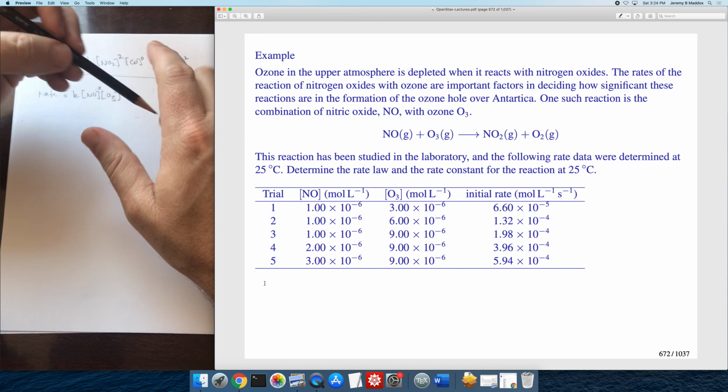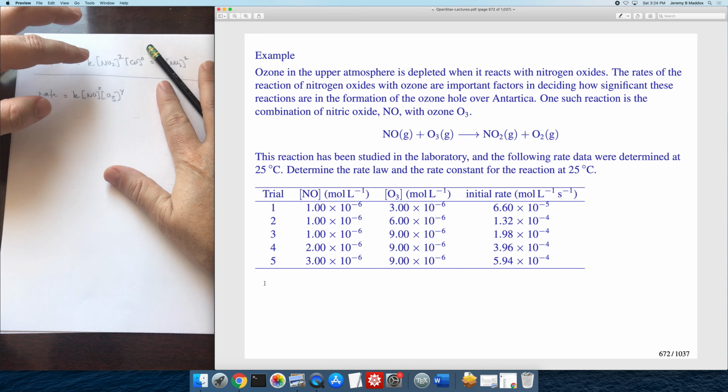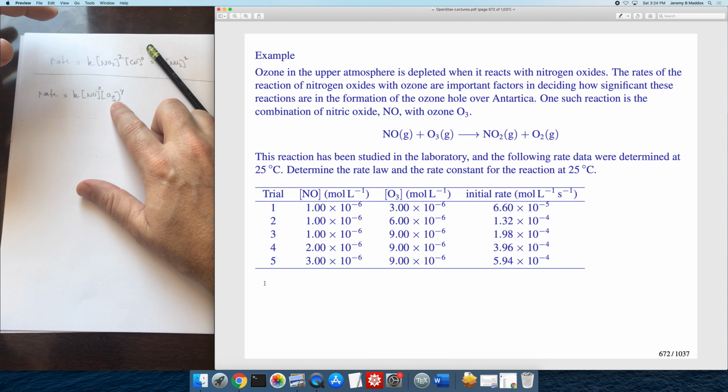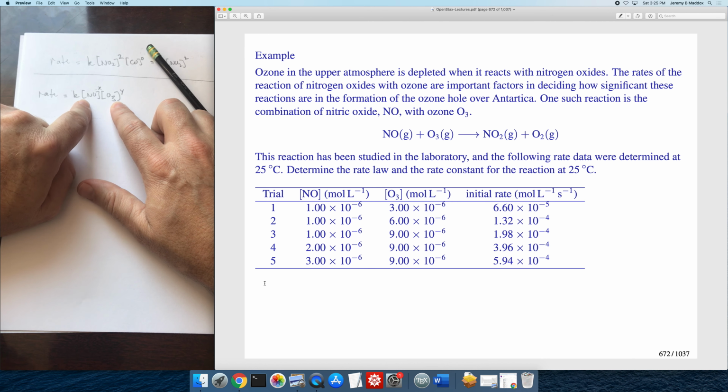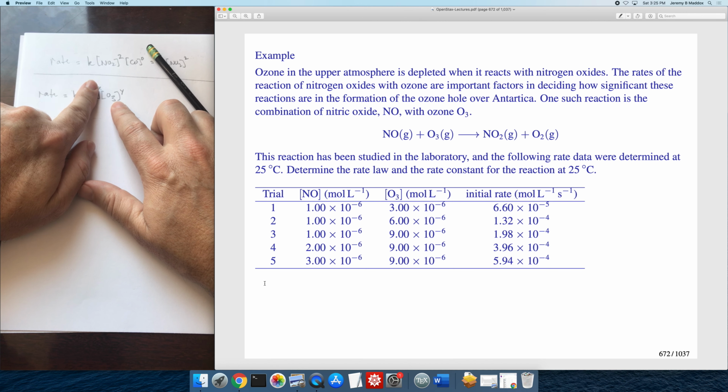Then to get y, I'm going to need to compare two experiments where ozone's concentration is changing, but the concentration of the NO is held fixed. For those two experiments, I'll be able to ignore the effect of the nitrogen monoxide, and then any changes in the rate will be due to the changes in the ozone.